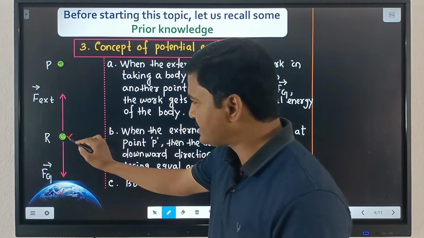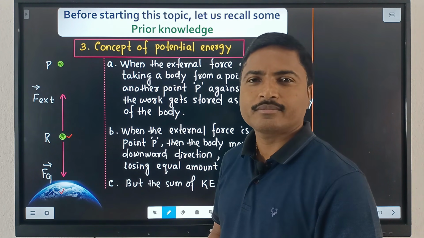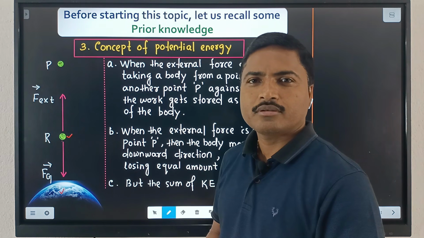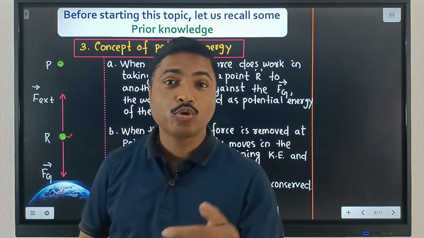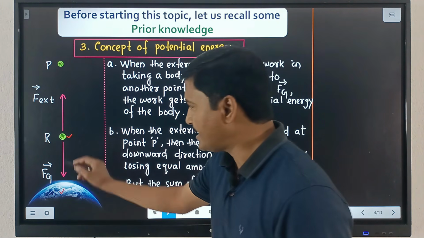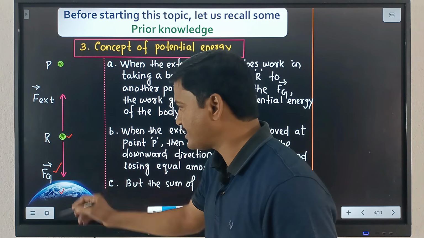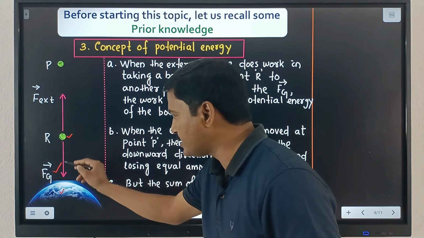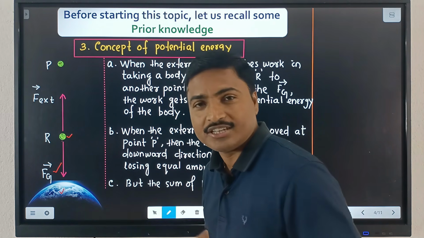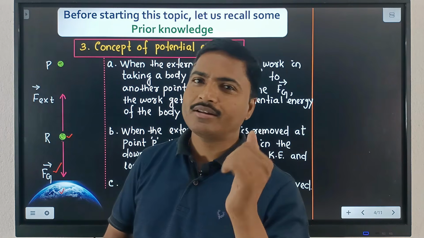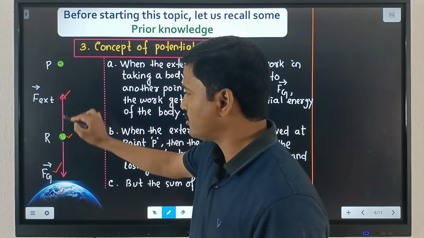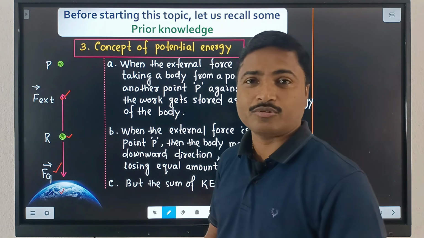If a body is placed at point R, then one force is applied on the body, that is the force of gravity, and this is the direction of the force of gravity. That means Earth attracts the body towards itself. This is the force of gravity. Suppose we apply an external force on the body just opposite to the gravitational force.